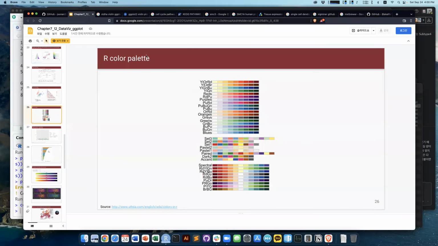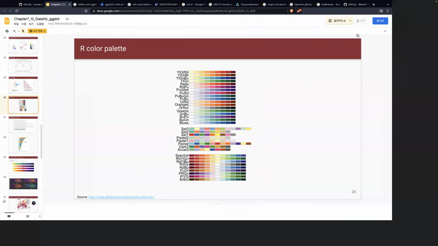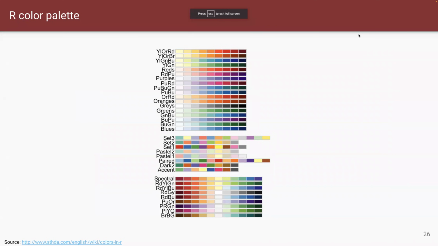So this is also up to you. Everyone wants to use beautiful colors for your visual output, right? You don't want to make ugly things, right? So choosing the right colors, choosing good colors, is critical for your visualization.